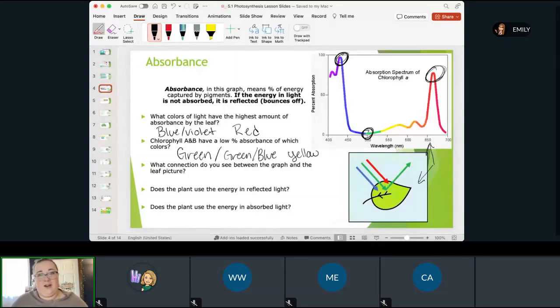We already kind of talked about it. Good. It doesn't absorb any green, but it absorbs a lot of blue, red, and violet. Good. So it's absorbing colors that you don't see, and it's reflecting the green that we do see.